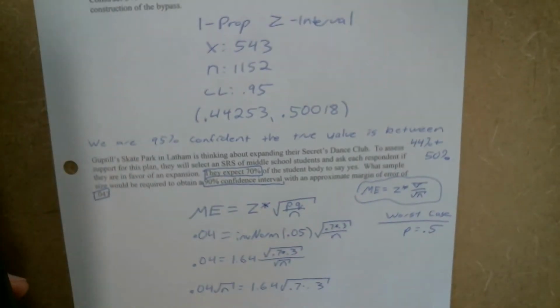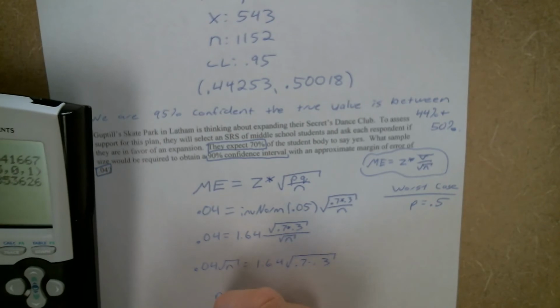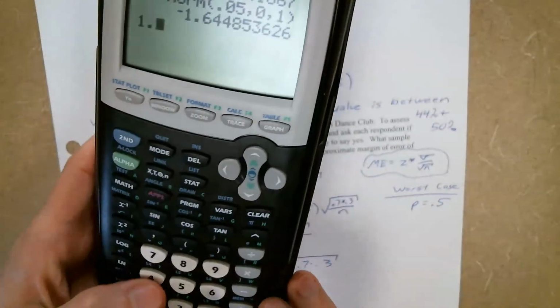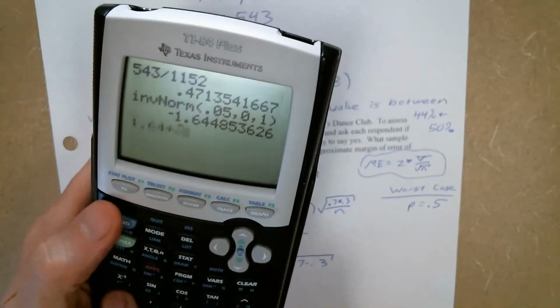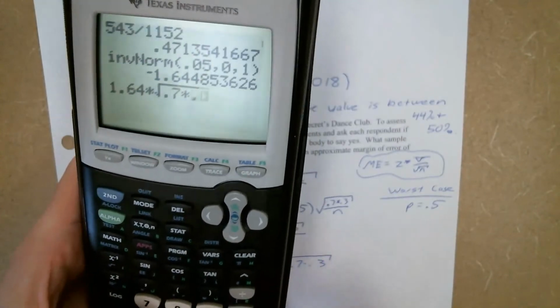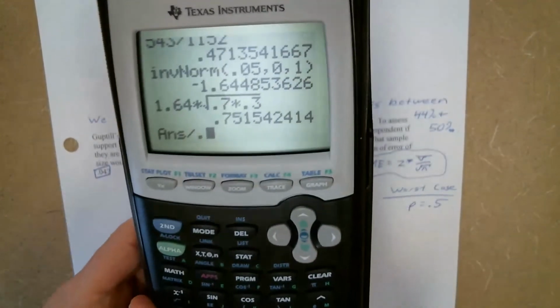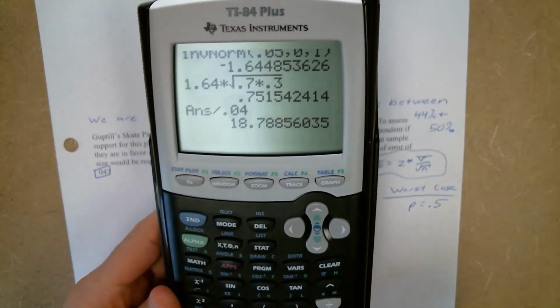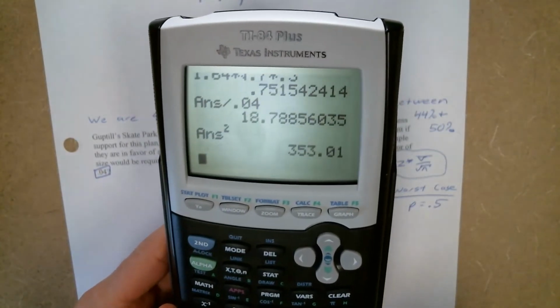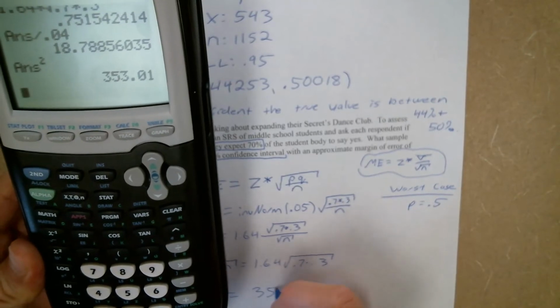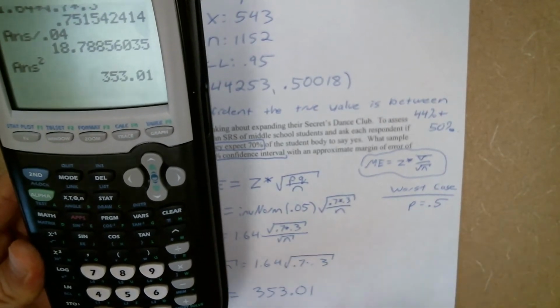And then at this point, I'm just going to do the rest of it on the calculator. So 1.64 times the square root of 0.7 times 0.3. I'm going to divide that by 0.04. And then I'm going to square that and get 353.01.